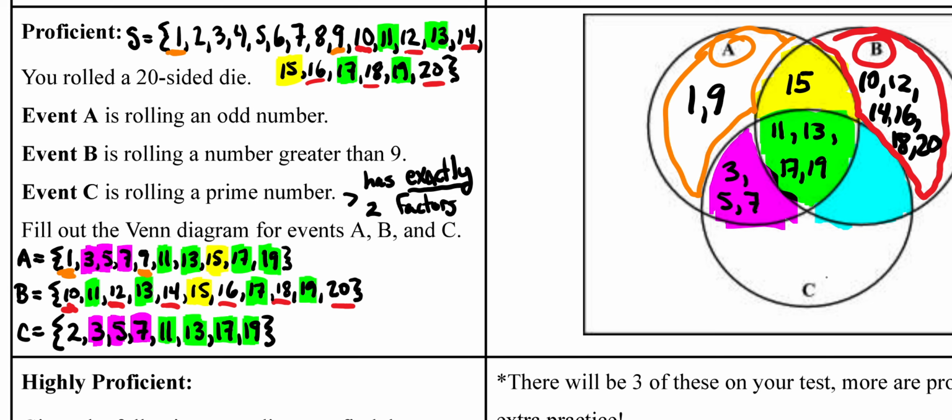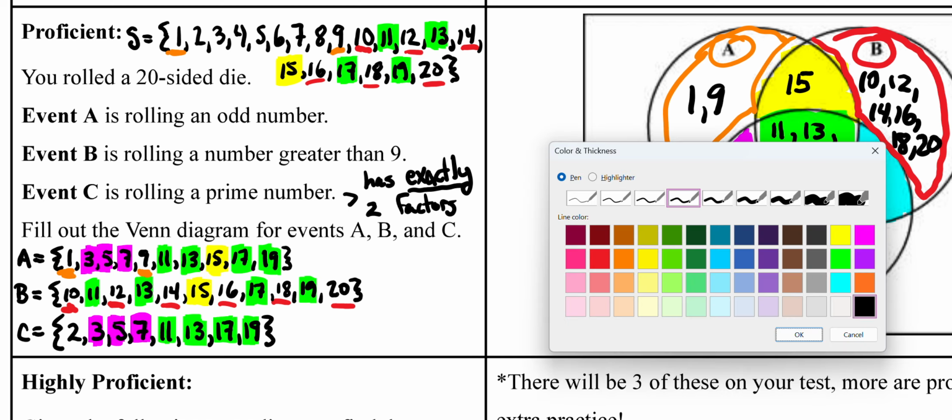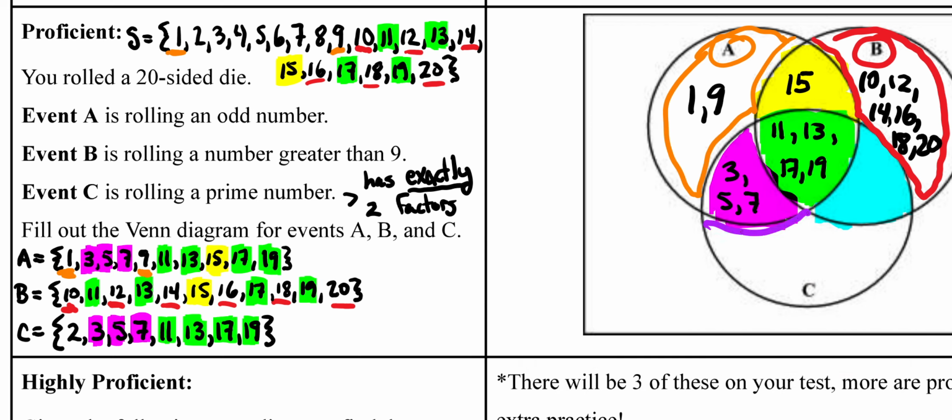And then finally, what are in C? What are the only ones that are in C? Let's use a different color for that one still. Let's use purple. So for C, the only one that's there is 2.